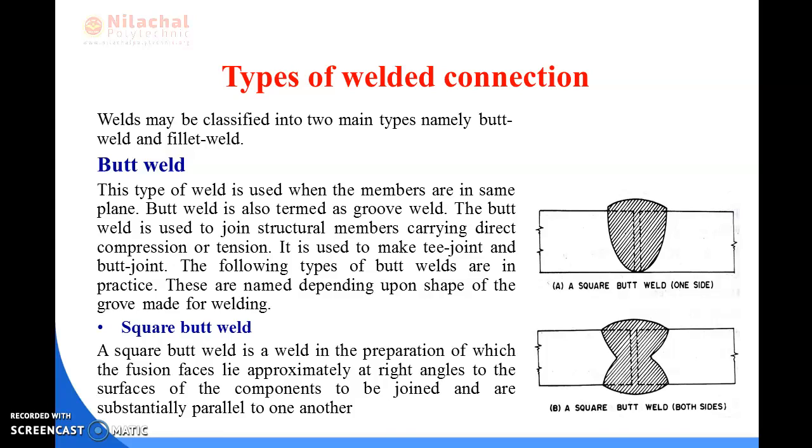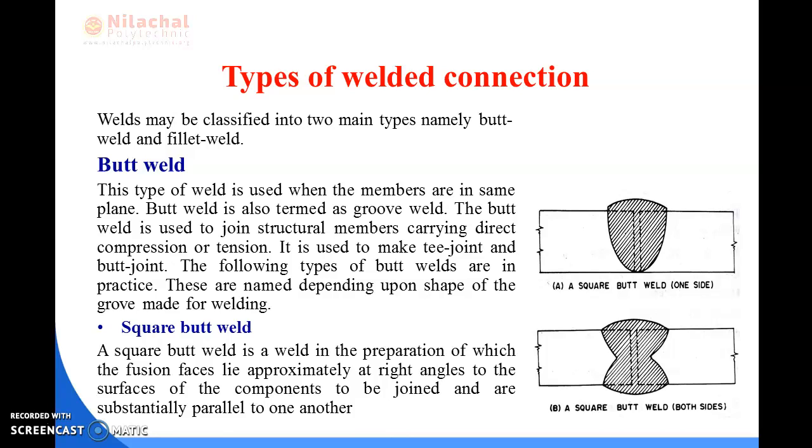Now we come to the types of welded connection. Basically, welded connections are of two types. The first one is the butt weld and the second one is the fillet weld. What do we mean by butt weld? A butt weld is the type of weld used when the members are in the same plane, and it is also termed a grooved weld.